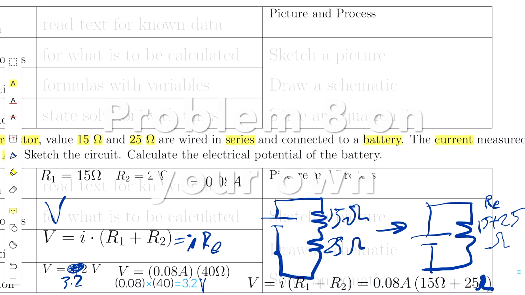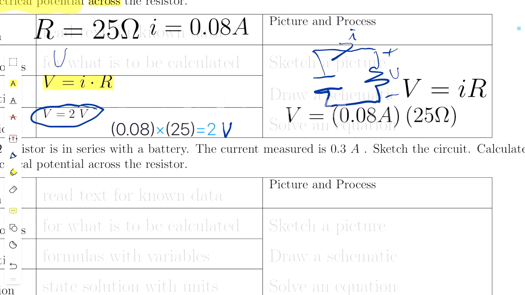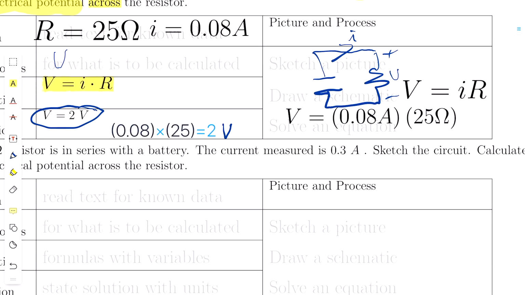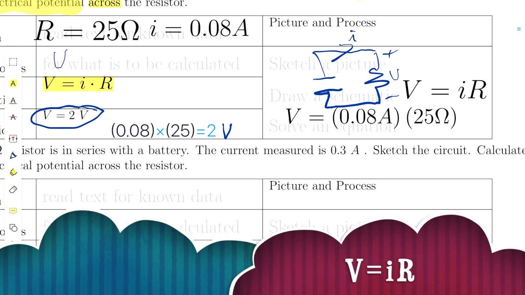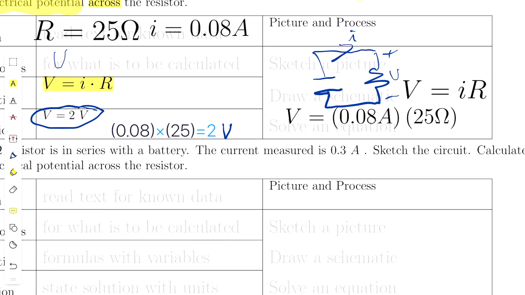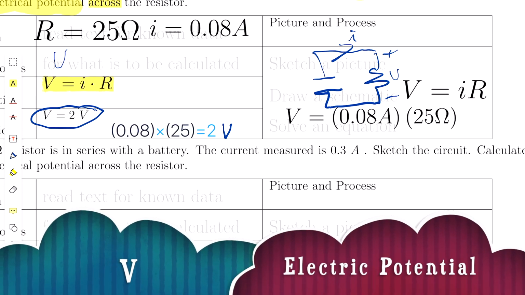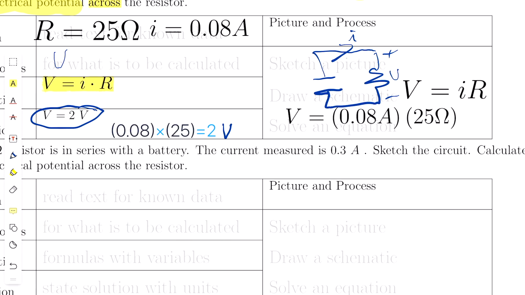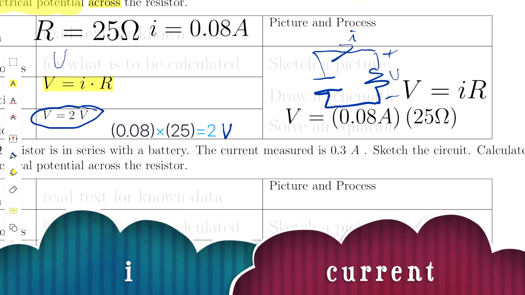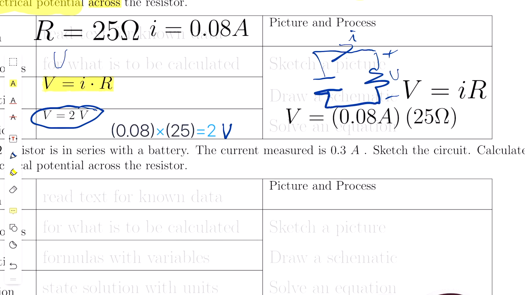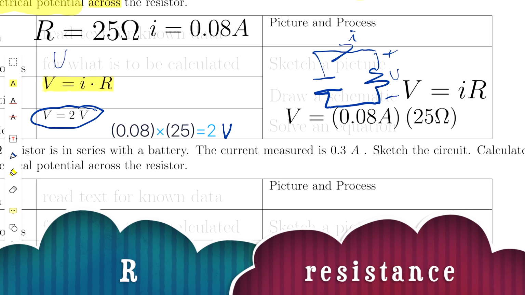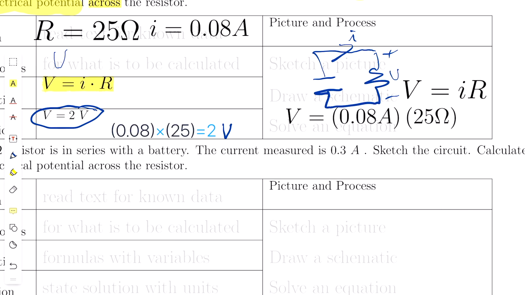Hopefully you have looked at the last problem. We have Ohm's law, which is V equals IR. V is the electric potential, which in this case is supplied by a battery. I is the current. R is the resistance. Anytime you have a potential across a resistor, you get a current through the resistor.